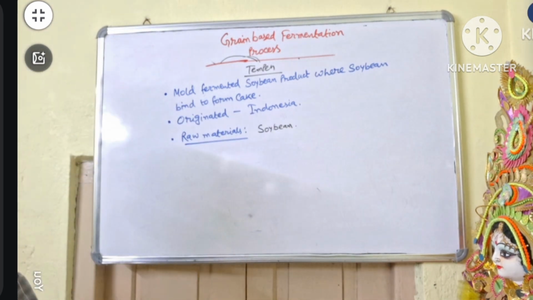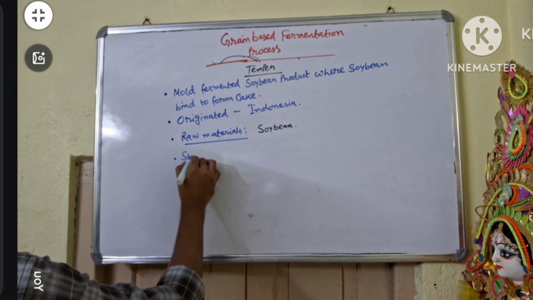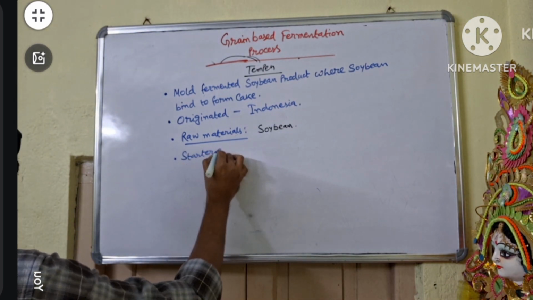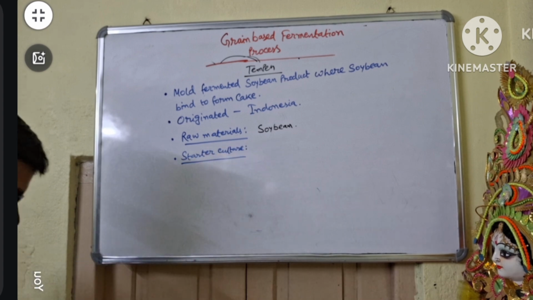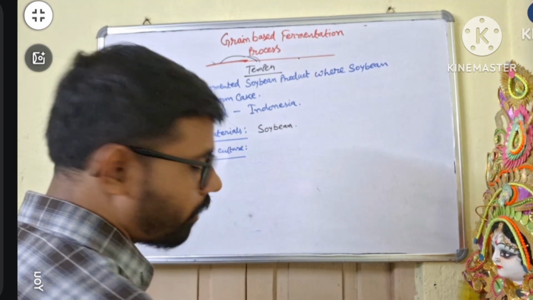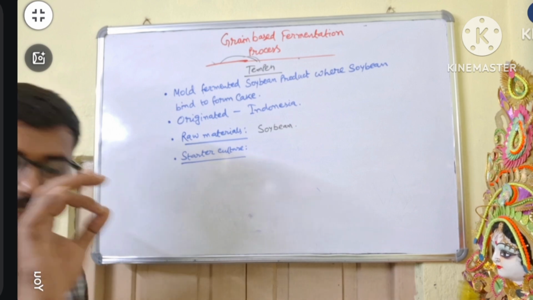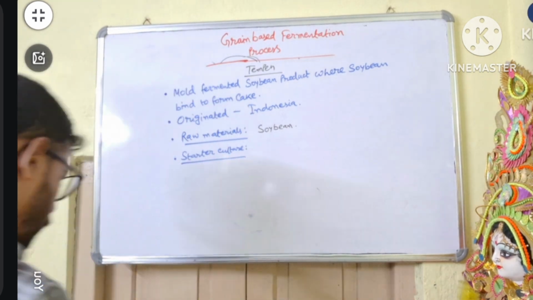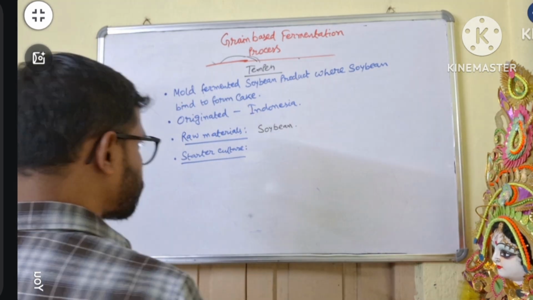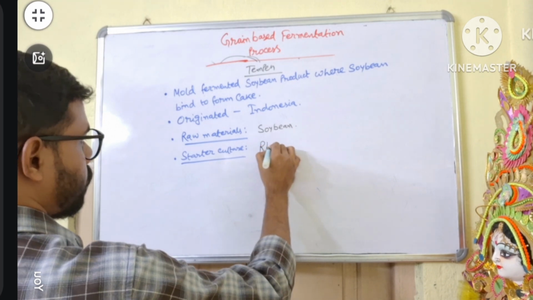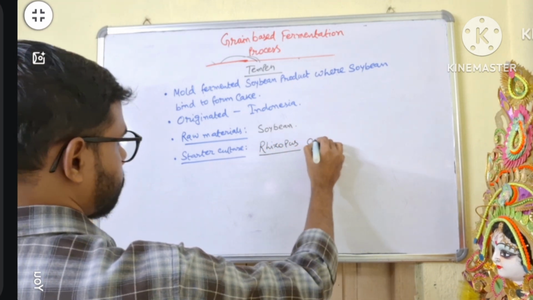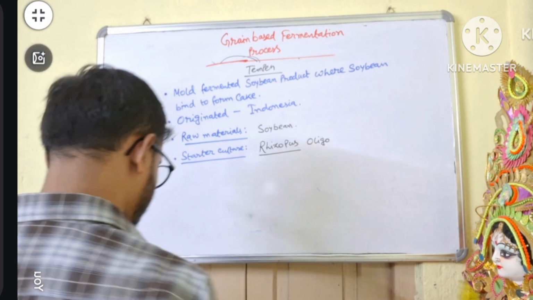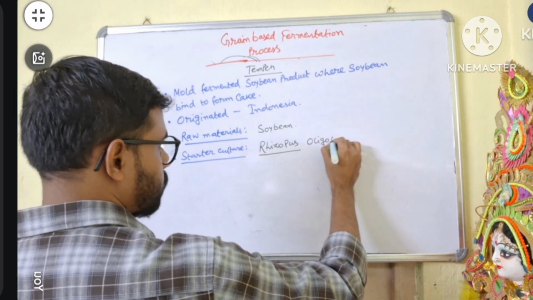Starter culture: here, as we said previously, it is mold fermented. That means mold is added, and the mold name is Rhizopus oligosporus.